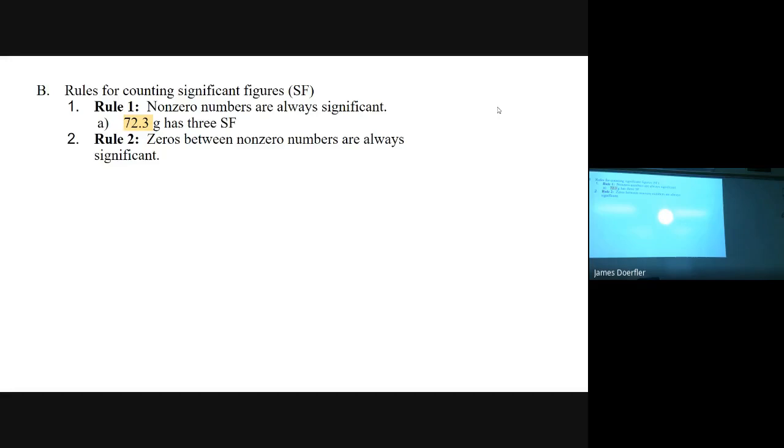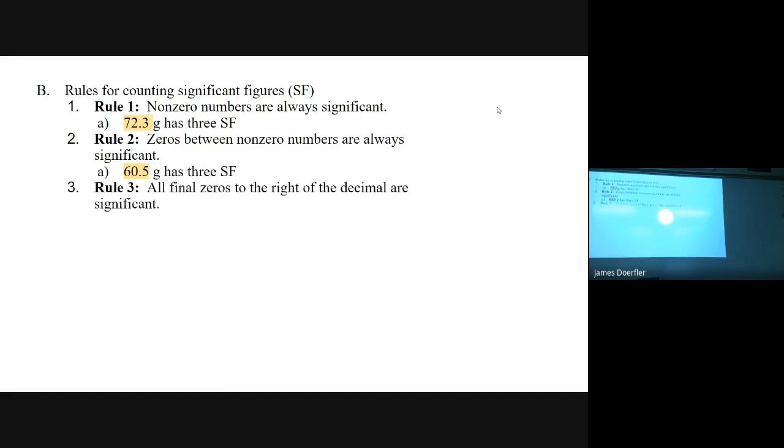So when we have situations where we have zeros between other non-zero numbers, they are also going to be significant. So the example on here is 60.5. Again, you have that 0 that is sandwiched between 2 non-zero numbers. Therefore, it itself is also significant. So again, based off rule 2, 60.5 has 3 Sig Figs. That's what SF stands for, Sig Figs.